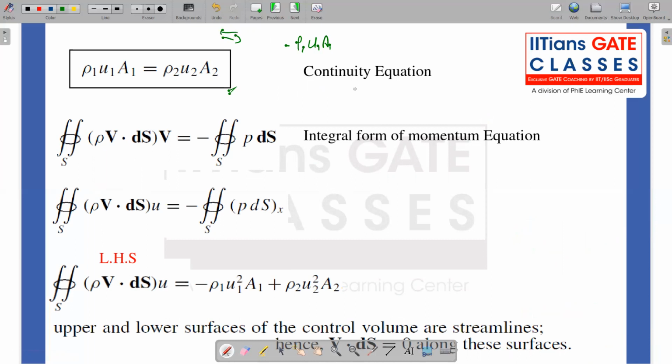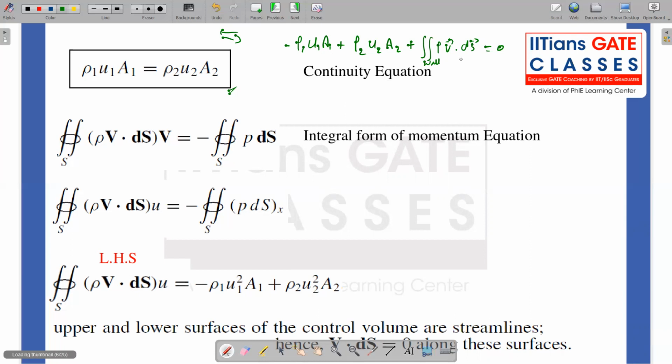So u dot ds, that is a cos 180 degree, which is going to be -1. So minus rho1 u1 a1 plus at the exit I have rho2 u2 a2, plus along the wall I have the double integral of rho v dot ds, which is equal to 0.